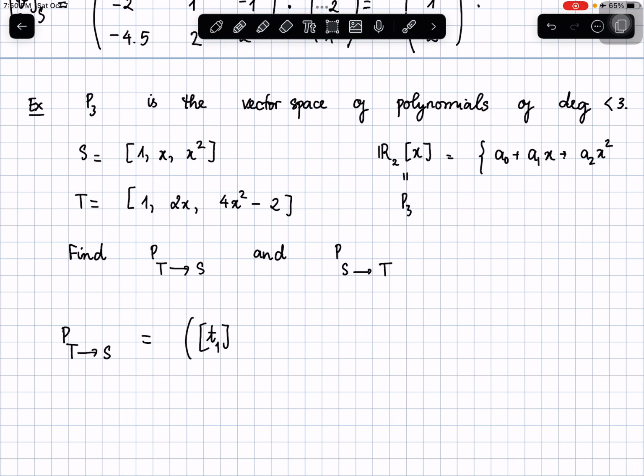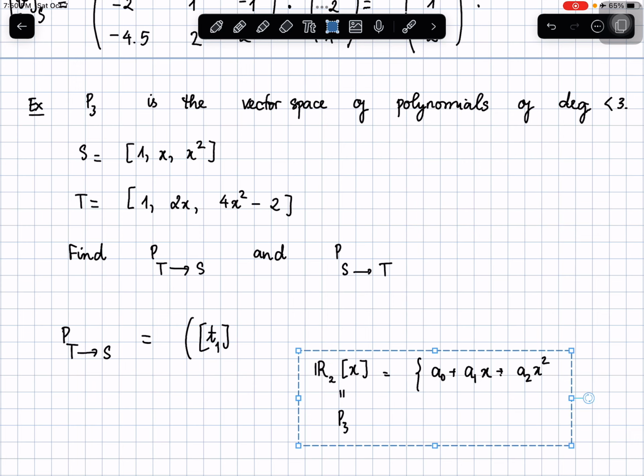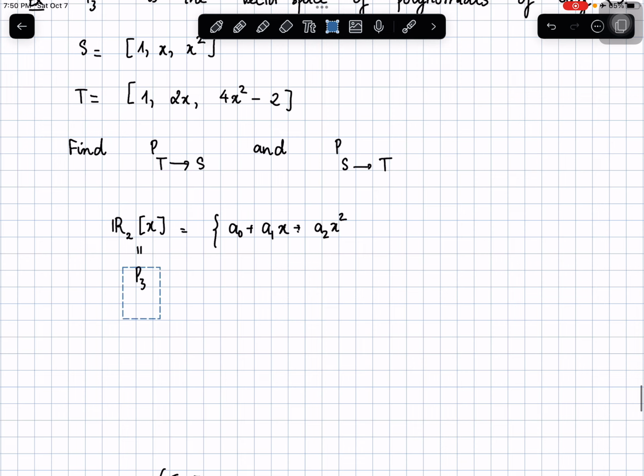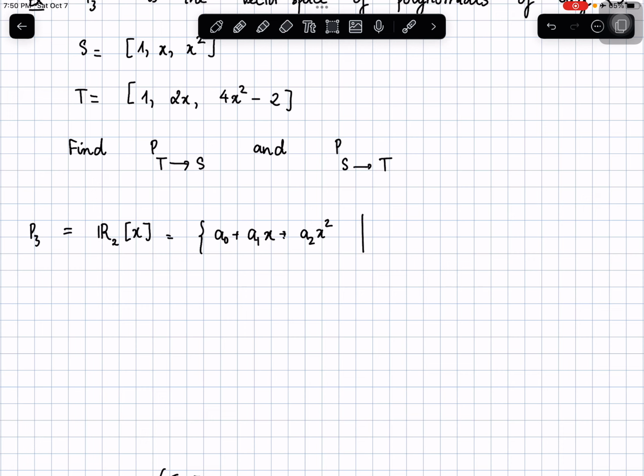For consistency, we can write R3 and think of it as the set of all polynomials in x of degree less than 3, for a0, a1, a2 real numbers.